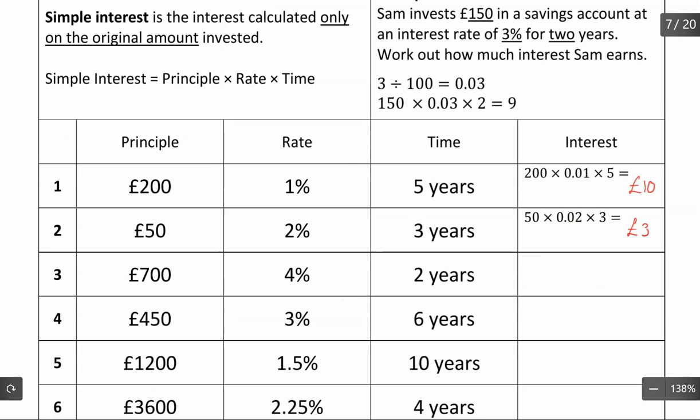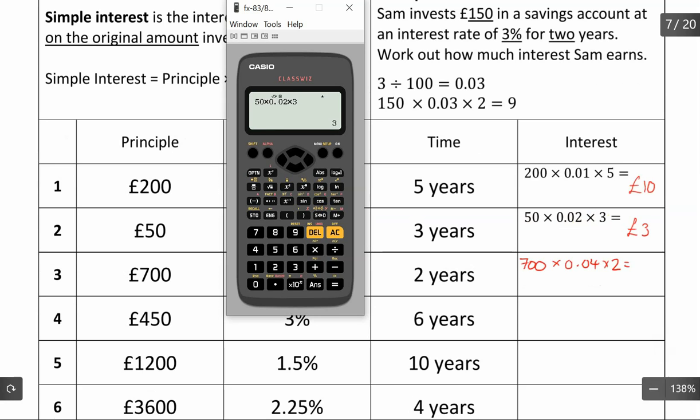Okay, number 4, £700 is the original amount. Times that by the interest rate, 0.04, times that by 2 years. Whoops.